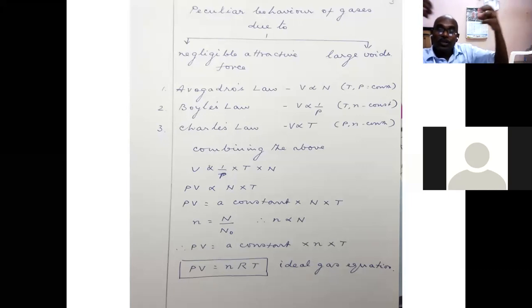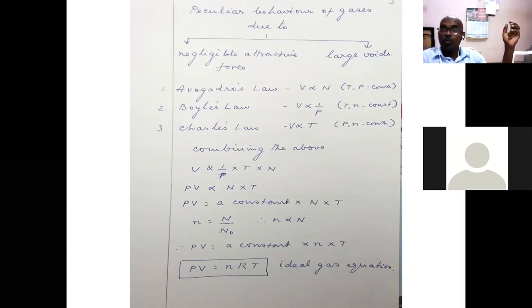They are free to move in all directions in a zigzag motion. They are all moving. And also there is a large, wide, empty space between the molecules. One molecule is here, another molecule is here. In between the molecules, there is a large volume of empty space. So these are the two reasons behind the peculiar behaviors of gaseous molecules.